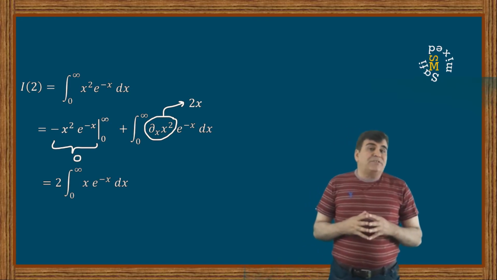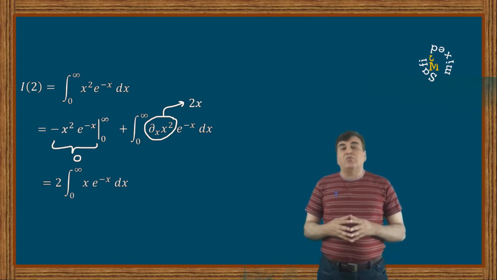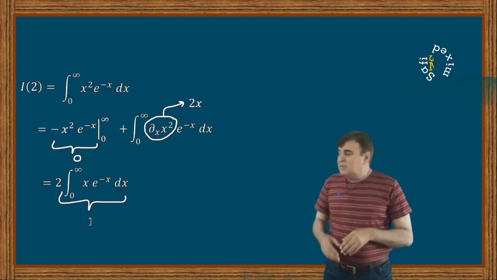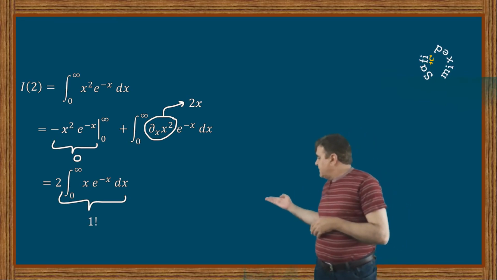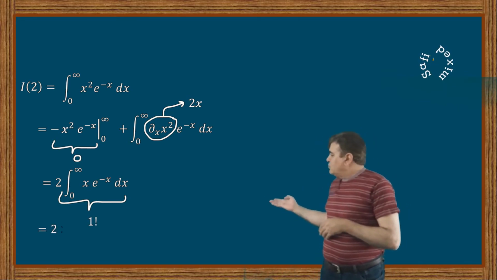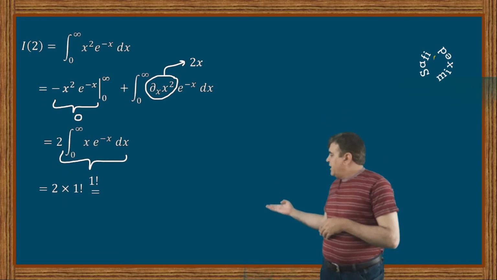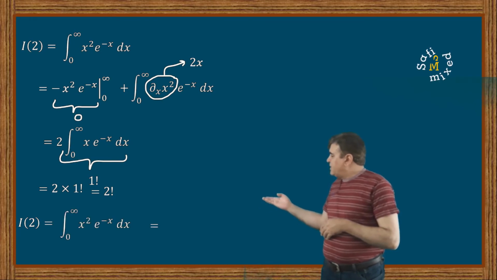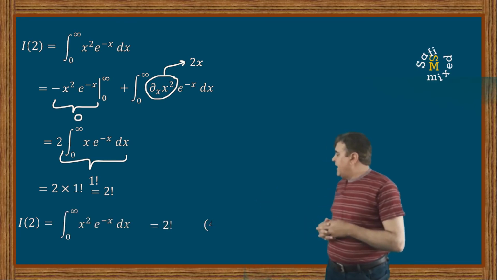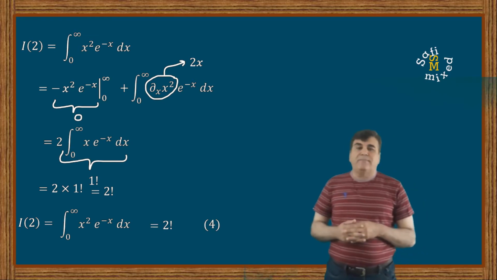Now, from equation 3, the integral on the right equals 1 factorial. Therefore, we can write the result as I of 2, integral x squared exponent minus x dx, equals 2 times 1 factorial, which in turn can be written as 2 factorial.